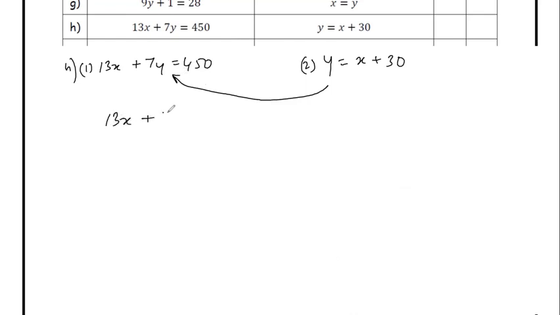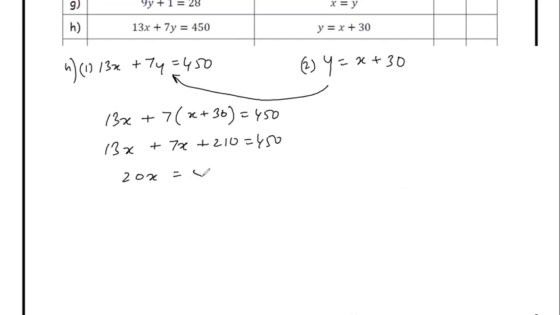So 13x plus 7 times y, which is x plus 30, is equal to 450. 13x plus 7x plus 210 is equal to 450. That's 20x is equal to 240. 450 minus 210 is 240. Okay, 0, 0 goes. All right, so I got 12. 2 goes in 24 12 times.